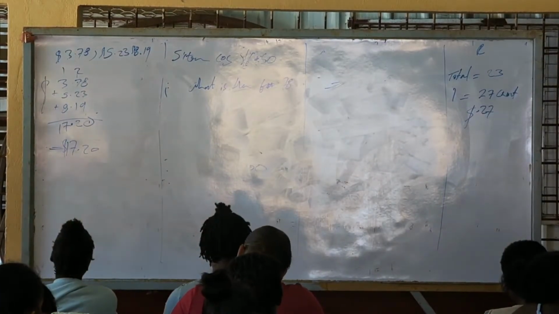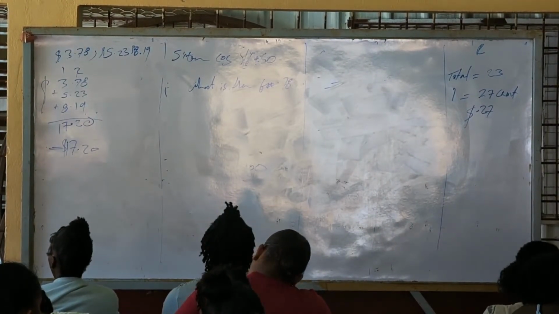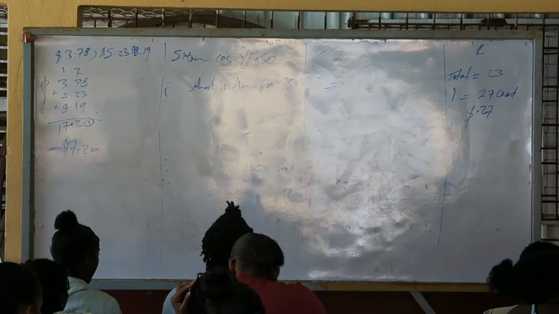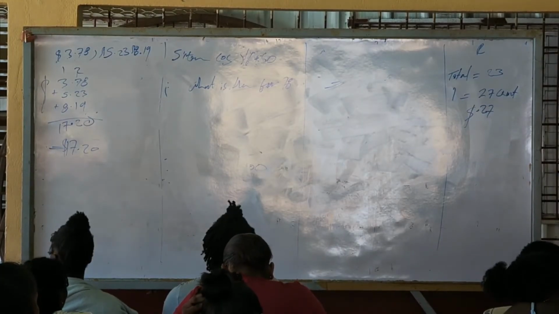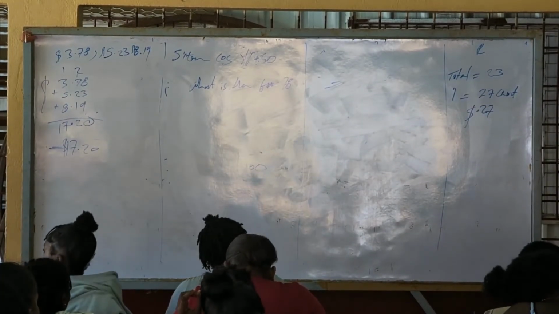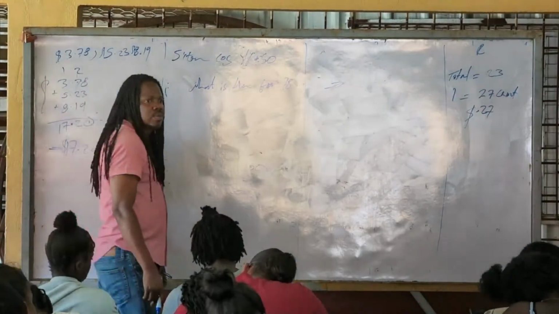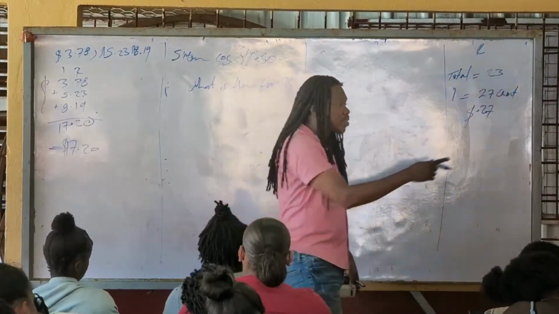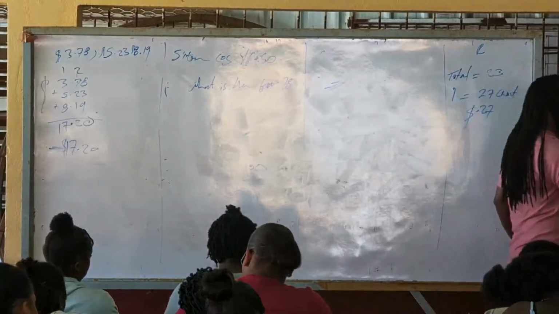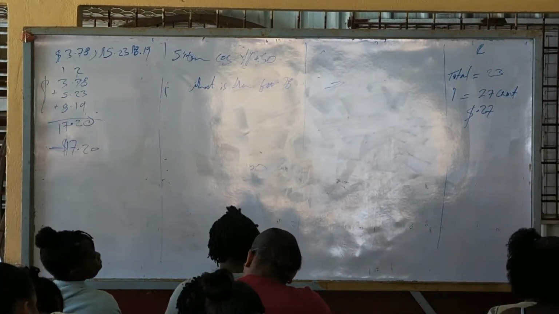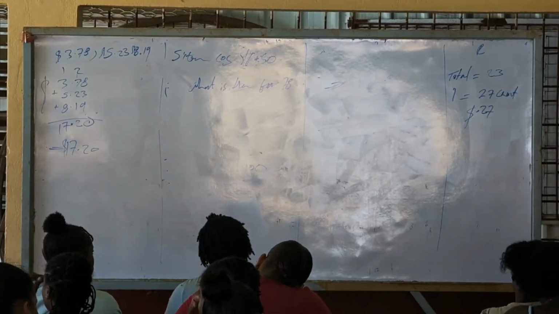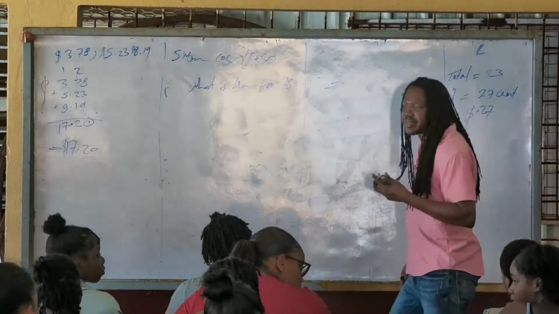Think it out, think out the reasoning and the logic. What's the first thing you're going to do? You always seek to go to what? To 1. You always seek to go to 1. If you know 1, you know everything.